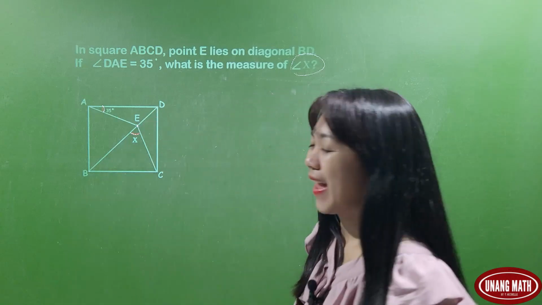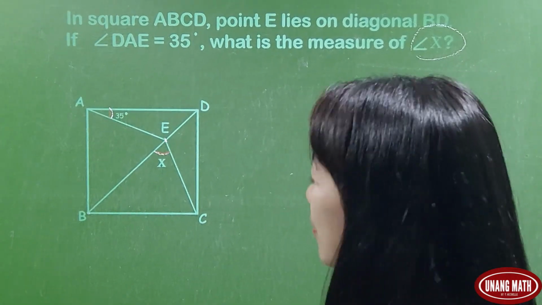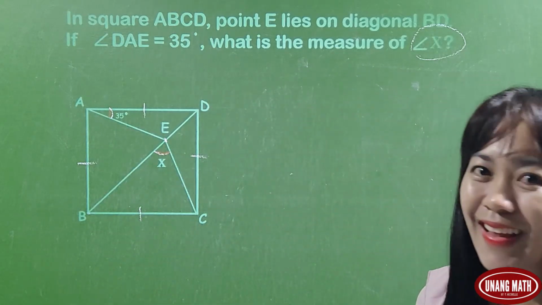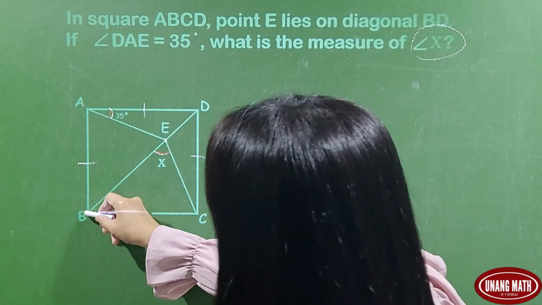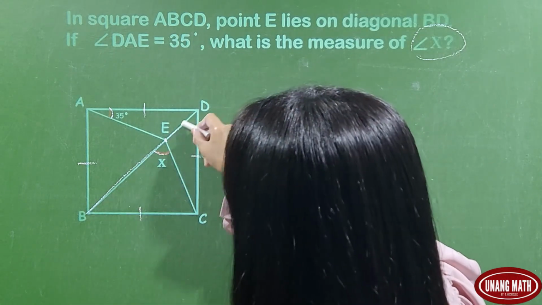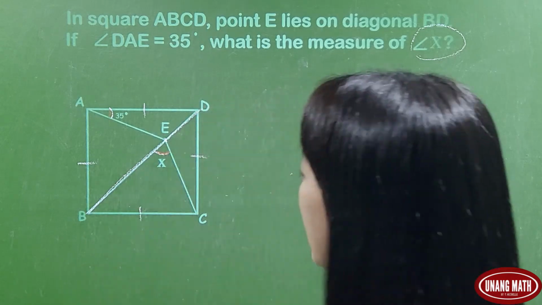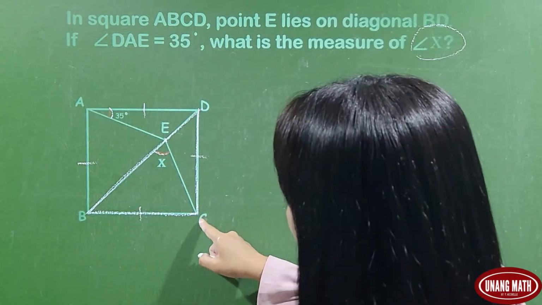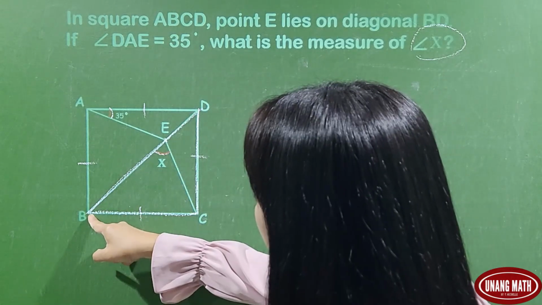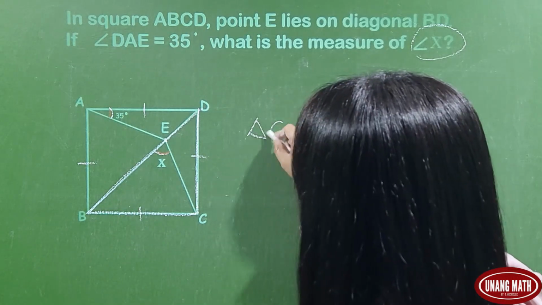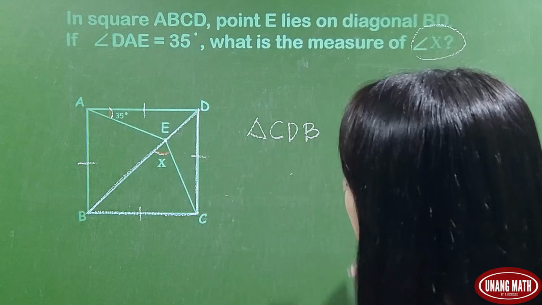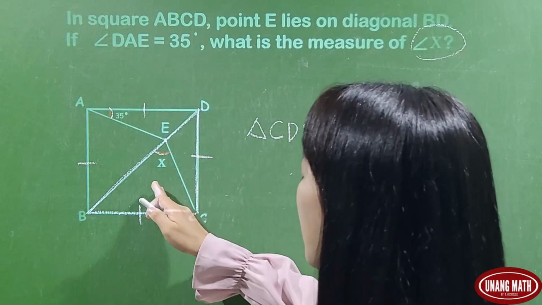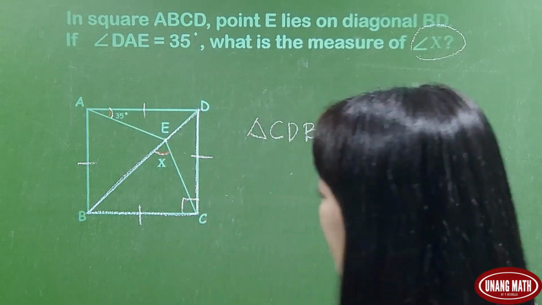Or this angle. Okay, since this is a square, all the sides are equal in length. And when we draw this diagonal line BD, we have this triangle CDB. This triangle CDB is an isosceles triangle, specifically an isosceles right triangle.